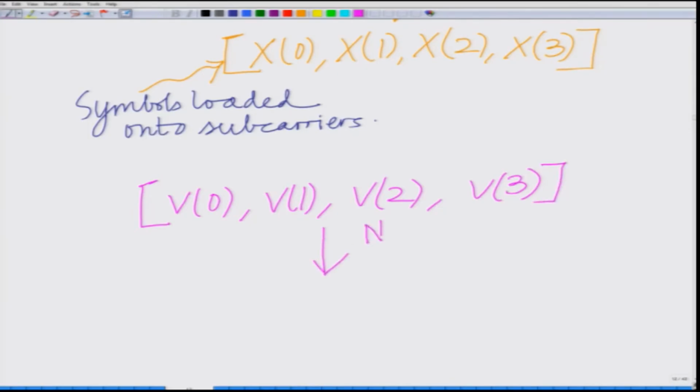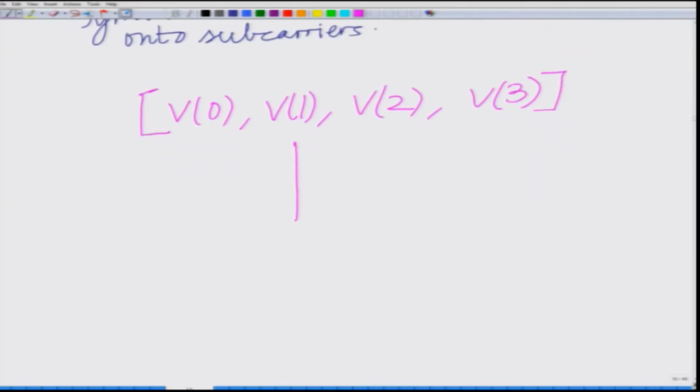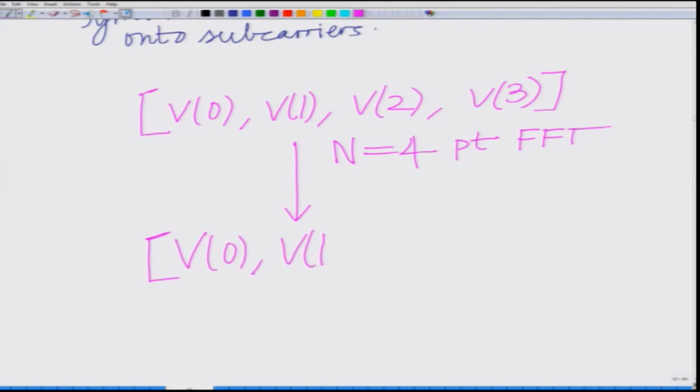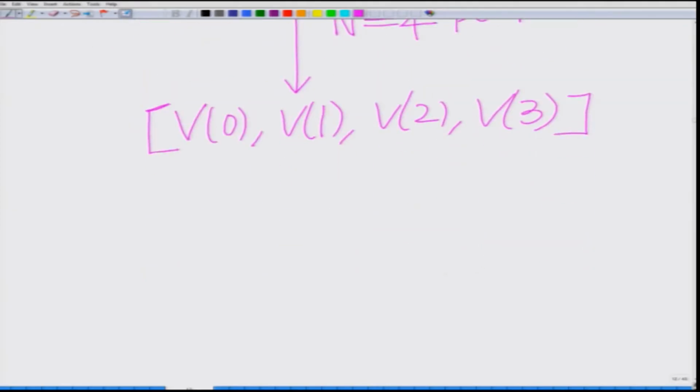You do the n equal to 4 point FFT of this, and what you get back is the noise, the capital V's, the noise samples across the subcarriers. What are these? These are your noise samples across the subcarrier.